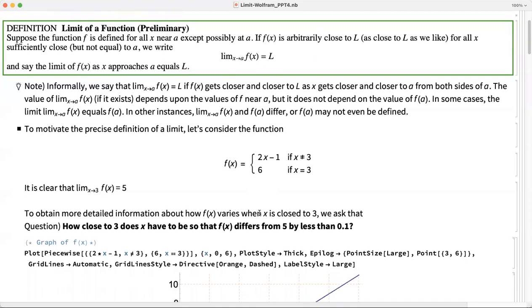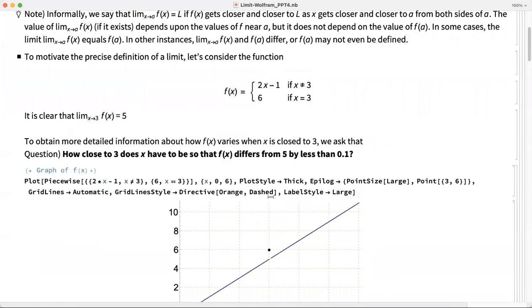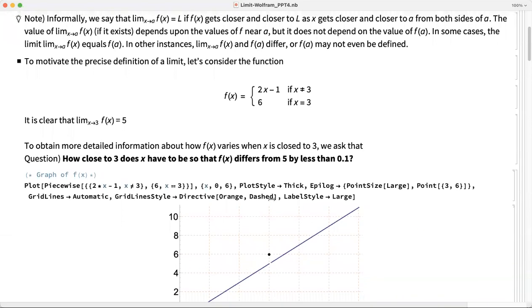The graph of that function is a straight line, 2x minus 1, but there is an open disk right there, because when x equals 3, f of 3 is defined as 6. We see the dot right here. So it's clear that the limit of f of x as x approaches 3 is 5.